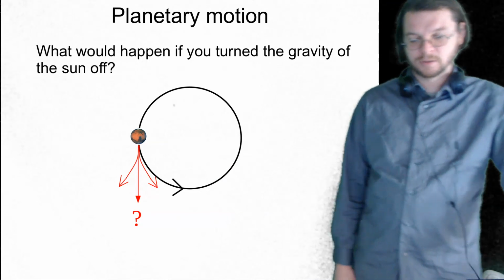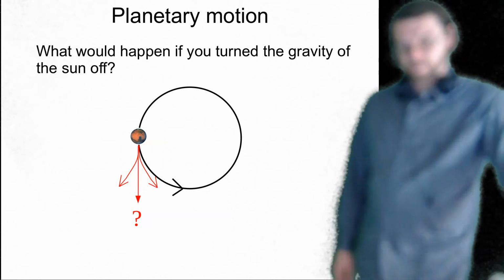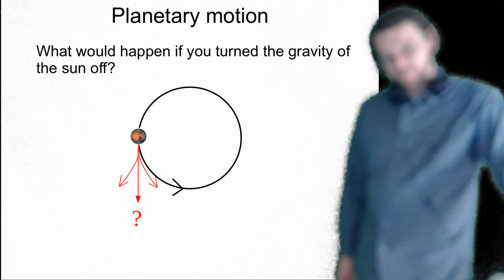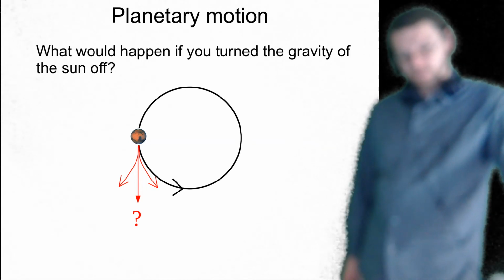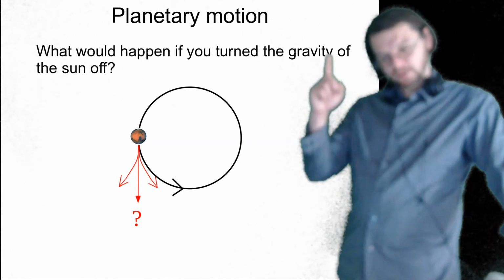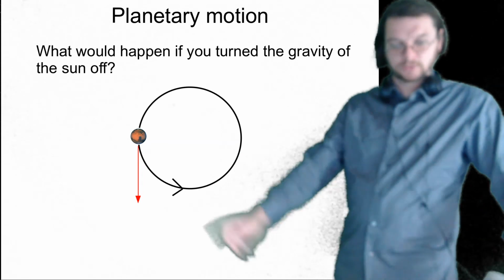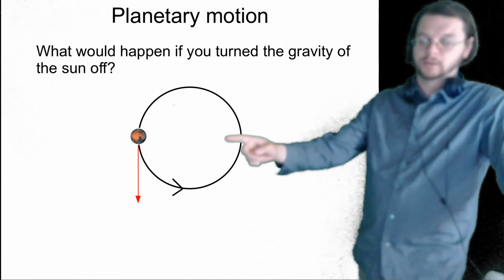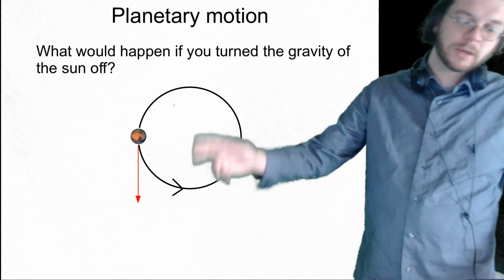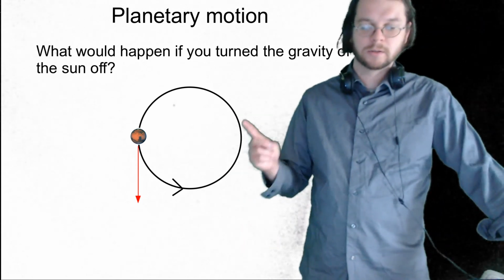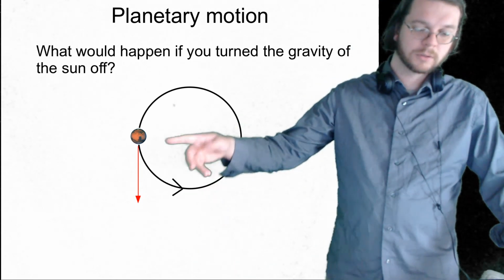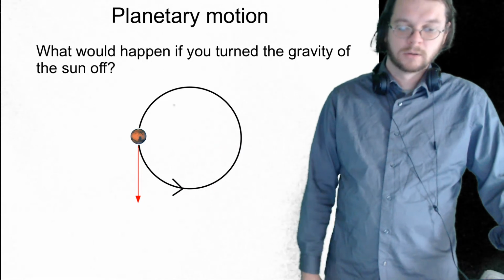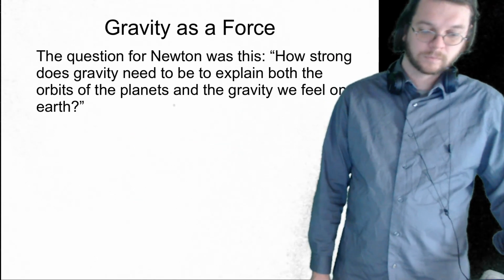Would it go straight or would it be curved in some way? So the answer is that it also goes straight, right? Because if there are no forces acting on it, it's just going to go straight. I mean, yes, there are the forces from the other planets, but they're not nearly as strong as the force from the sun. So overall, this would go straight if all of a sudden the sun disappeared.